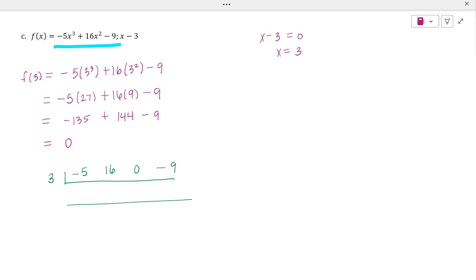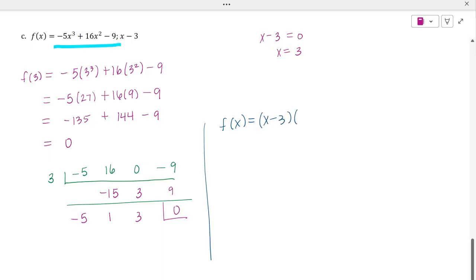When we add, bring the first number down and then multiply, add down, we'll get 1, 3, 9. So our remainder is 0. So our original polynomial now is x minus 3 times negative 5x squared plus x plus 3.